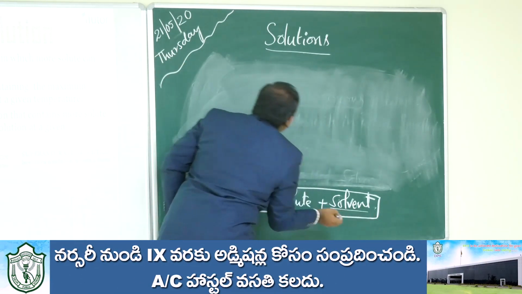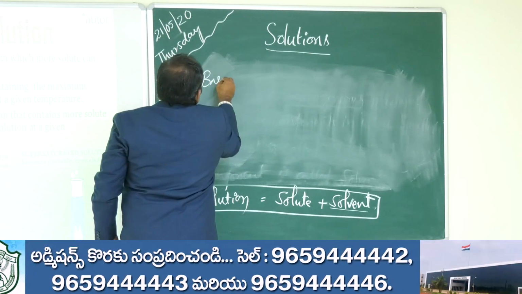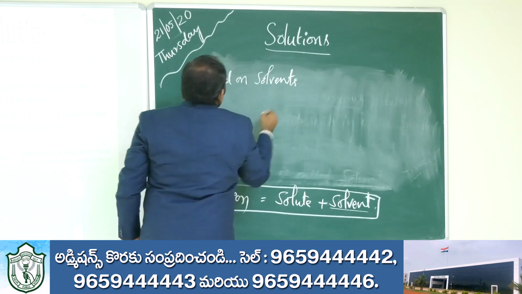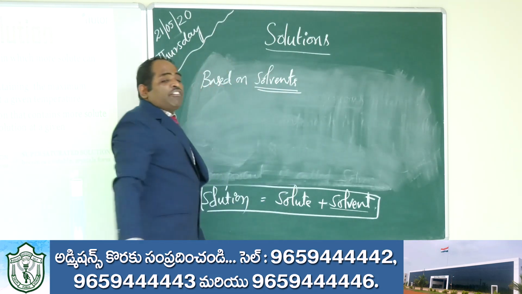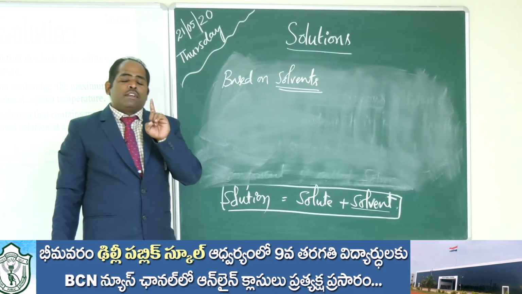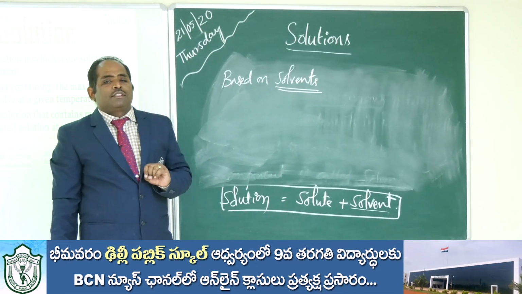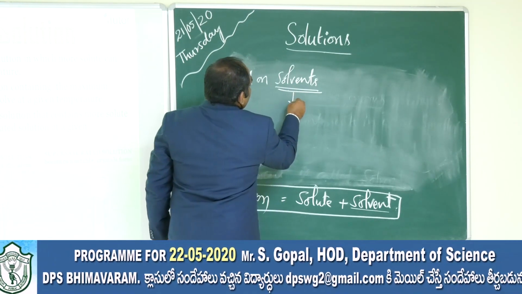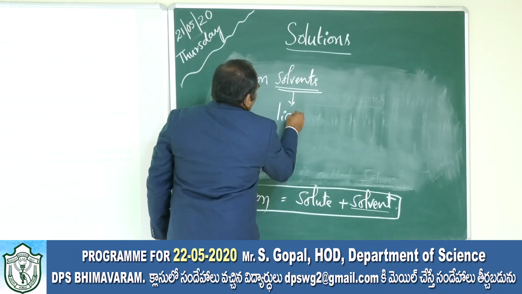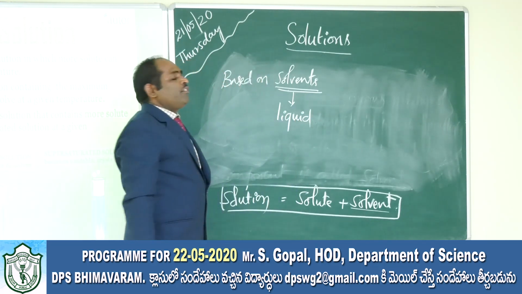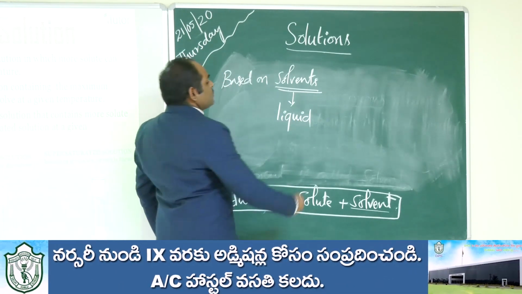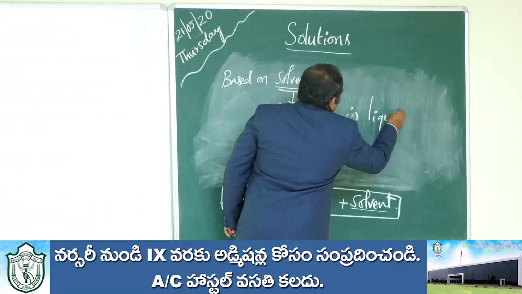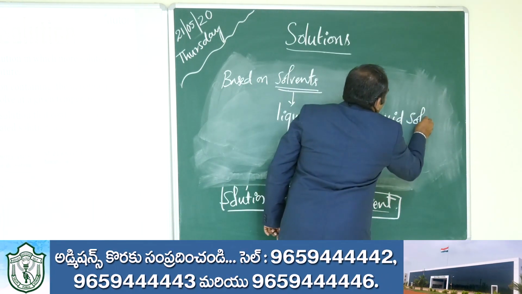Based on solvent, the solvent may be a liquid, the solvent may be a solid, the solvent may be a gas. If the solvent is a liquid, then those solutions are called what? Liquid solutions.